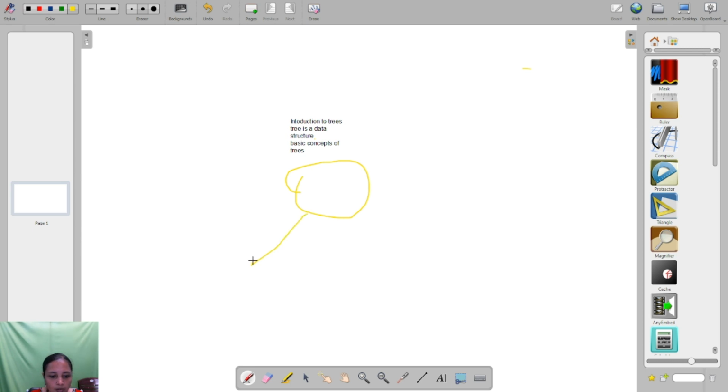Here this one is the left side node and this one is the right side node. So this is one tree. A tree consists of a finite set of elements called nodes. This one is one node, and this one is one node, and this one is one node.